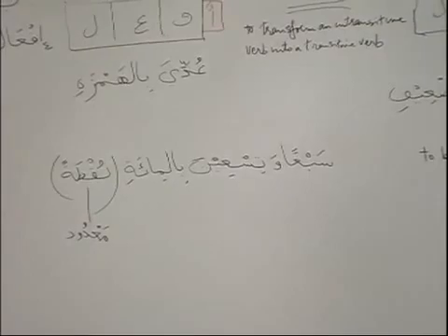What is nuqtatan? Points. Now this is to be understood. You don't have to write it. I only wrote it for you to understand it. That's why I put it into brackets. But you say sab'an wa tis'ina bil mi'ah, that is understood and gives full explanation.